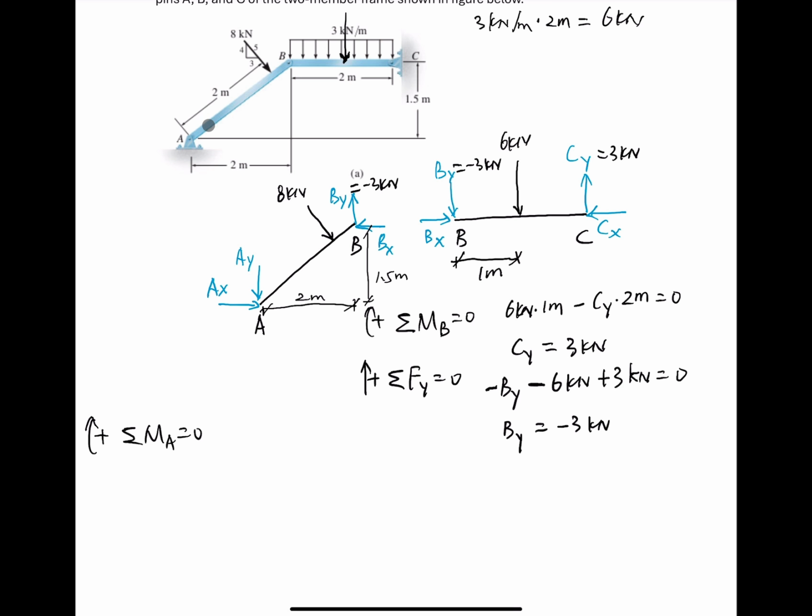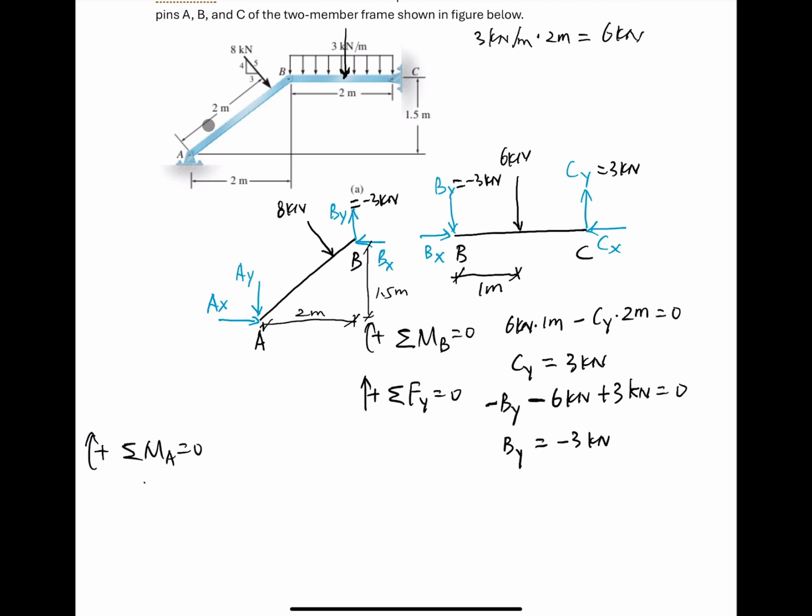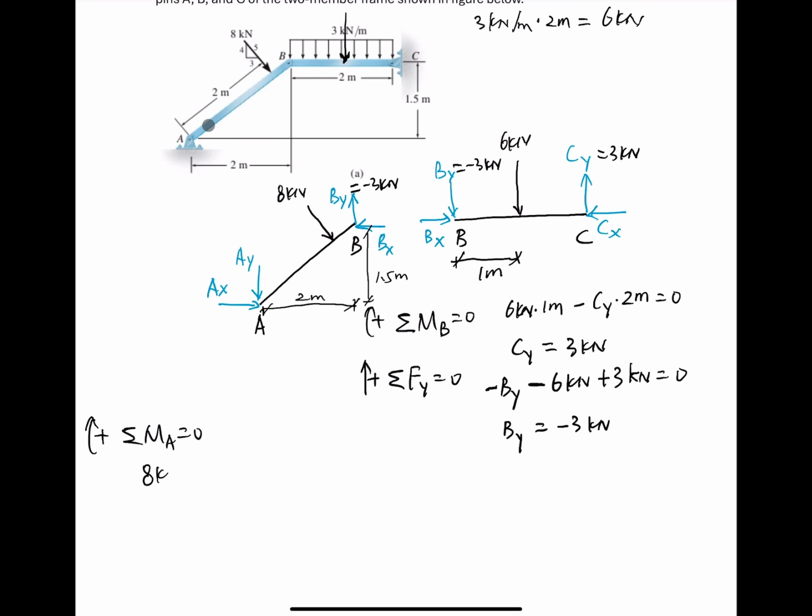So we have 8 kilonewton. 8 kilonewton has a lever arm 2 meters and goes clockwise, so it's positive. And then we see By goes counterclockwise, so it's negative, and By is 3 kilonewton times the 2 meters.